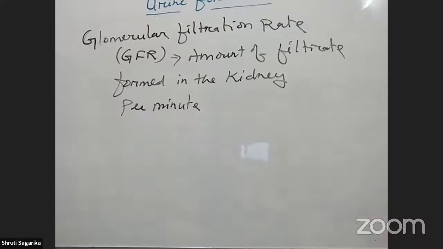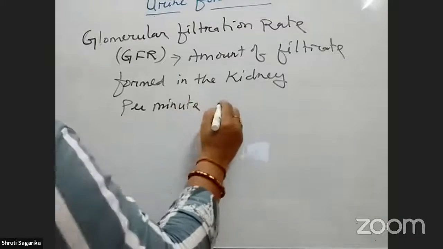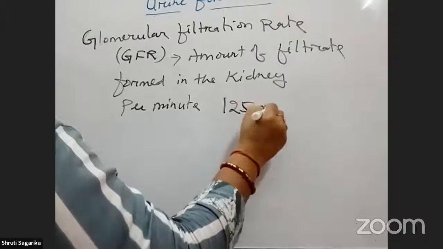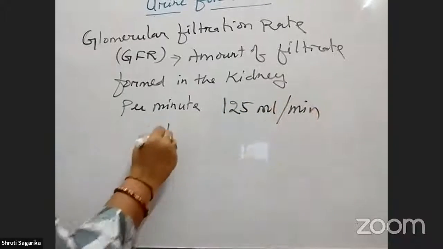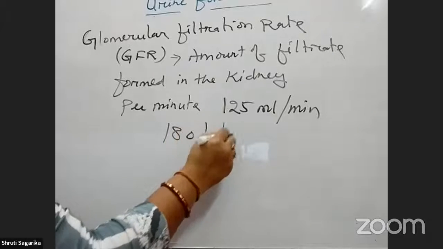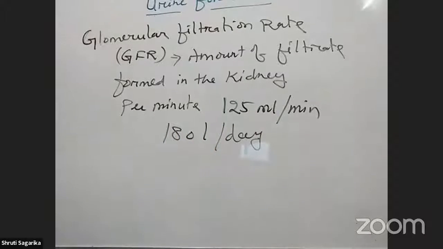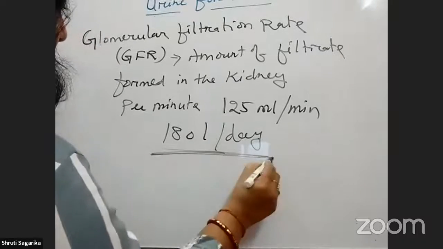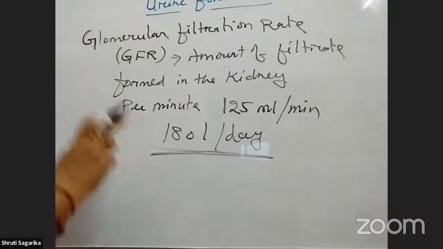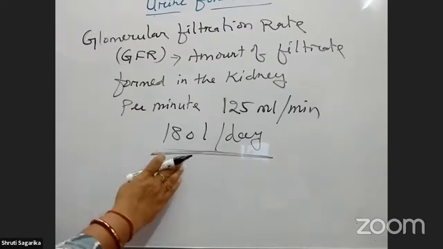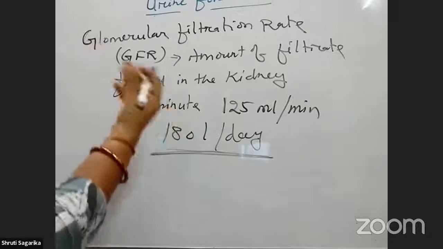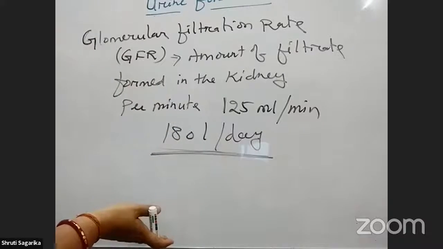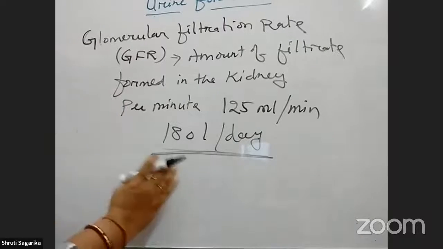So it is 125 ml per minute. That means 180 liters per day. But this is not our urine formation count. Remember that. This is only amount of filtrate. That means the filtrate which comes from the blood vessel enters into the nephron, not the filtrate which is removed from our body.